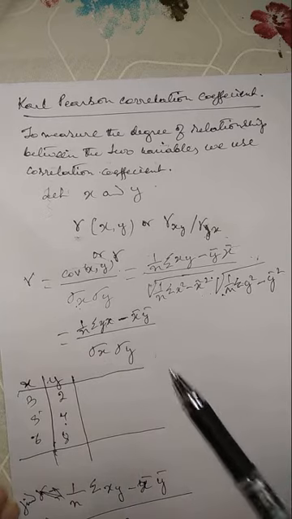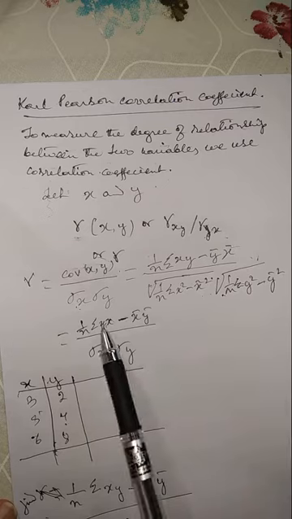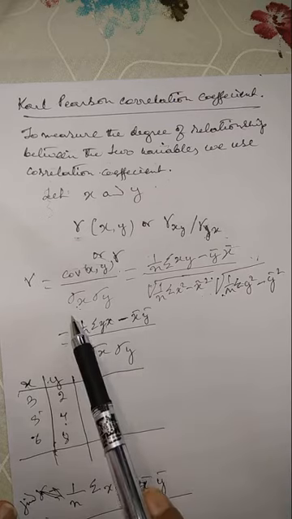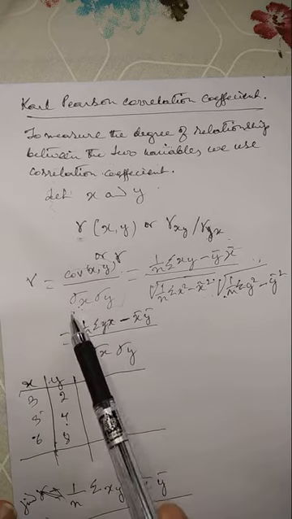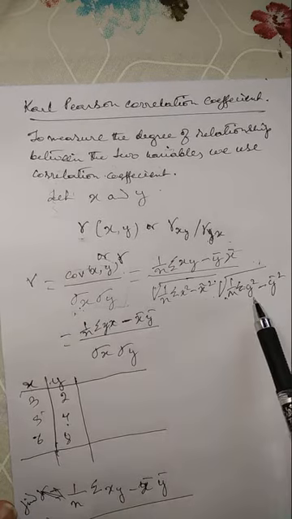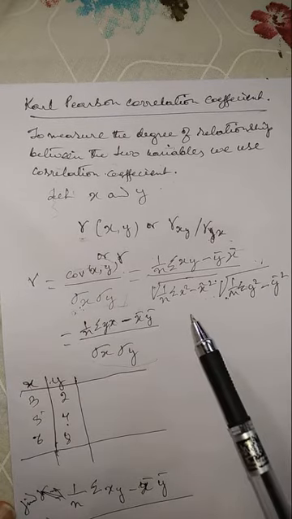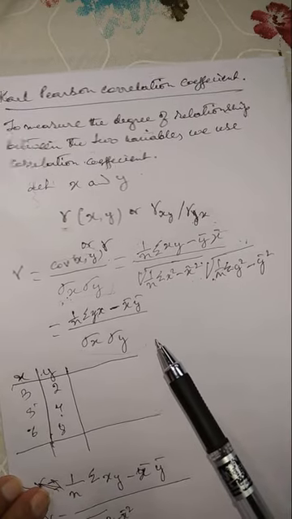So that means, based on the data that you are given, you can utilize any part of the formula. You can use either this formula or this formula. Remember, you have to learn the formula by heart. Unless you learn the formula by heart, you will not be able to solve the problems.